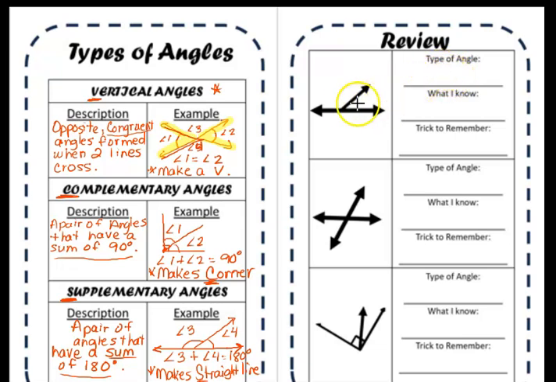All right, so our first one, I see a straight line. They don't cross. I don't get that complete crossing right there. It's just a straight line split into two angles. I've got an angle here and an angle here. So that straight line tells me that this is supplementary.